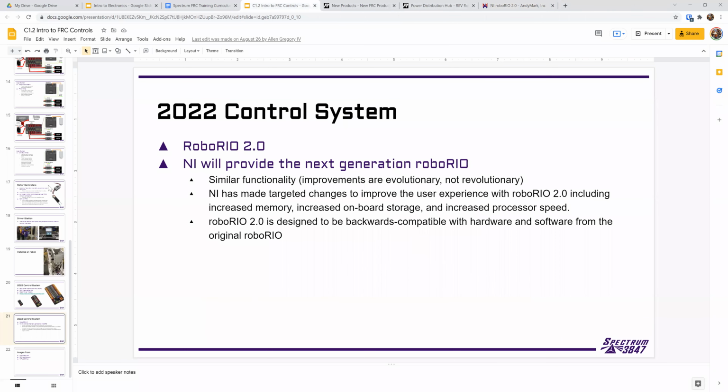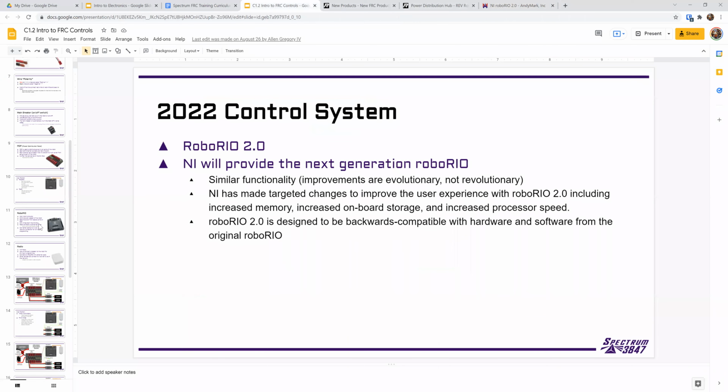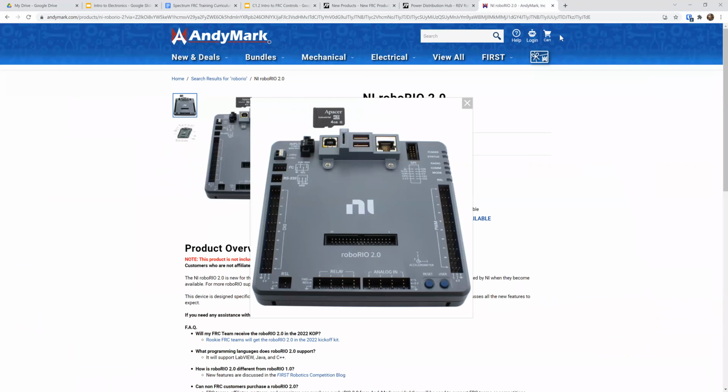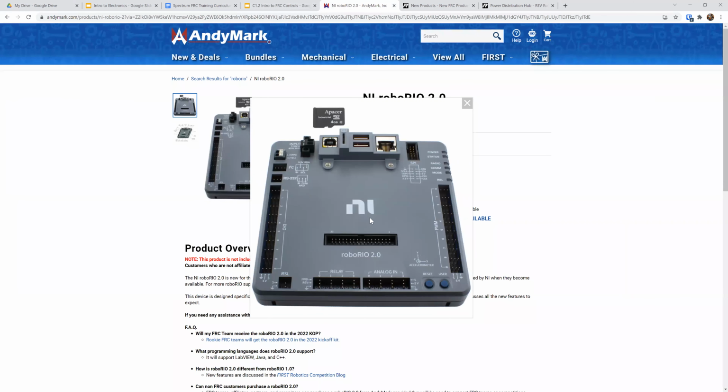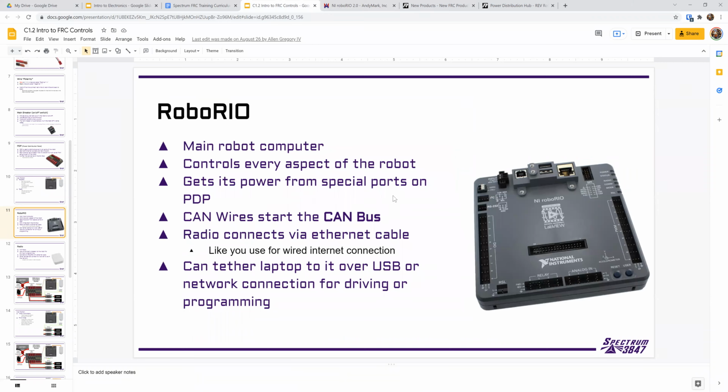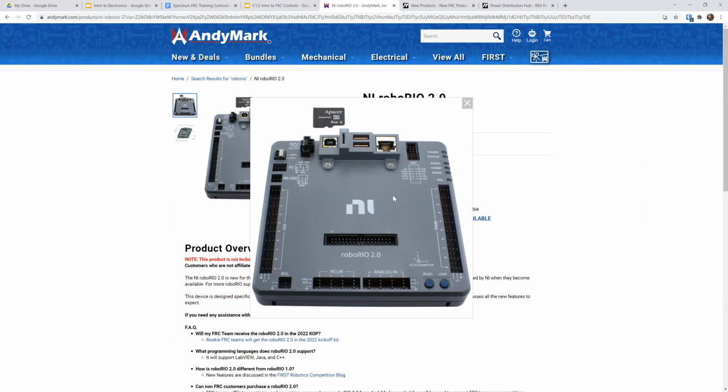Let's go back here. Do you guys see, this is the original RoboRIO here. So you can see it's got this LabVIEW image on it. And here's the new RoboRIO where it has just the NI logo on it, right? Oh, different manufacturer. So they're very, very similar.